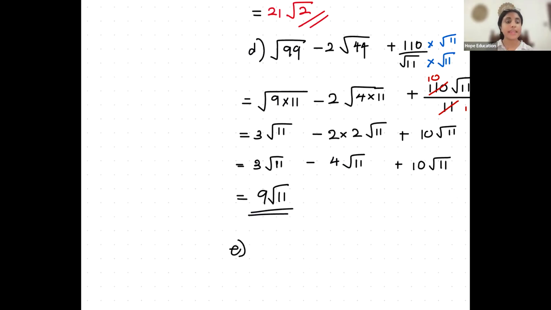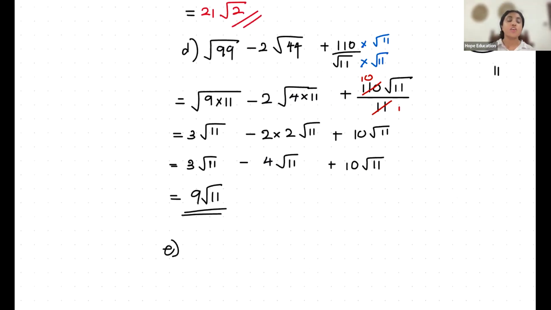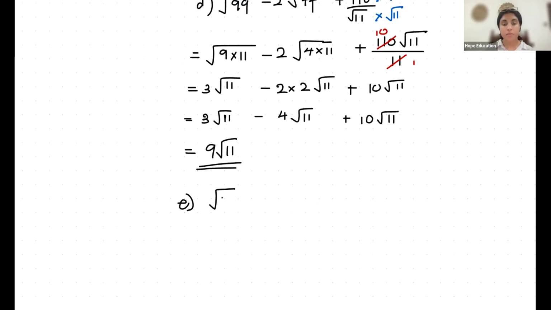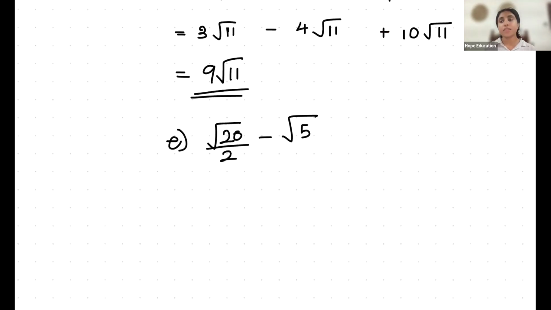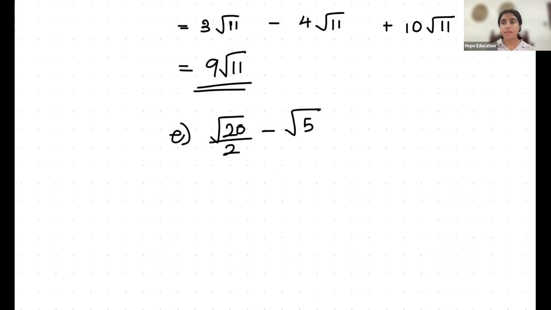Okay, last one. Root 20 divided by 2 minus root 5. Okay, let's see. Is root 20 an entire surd?